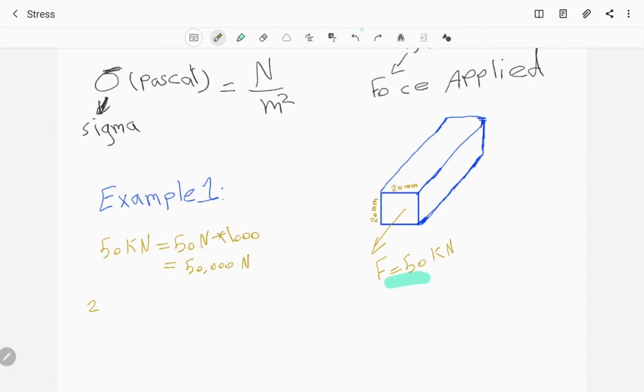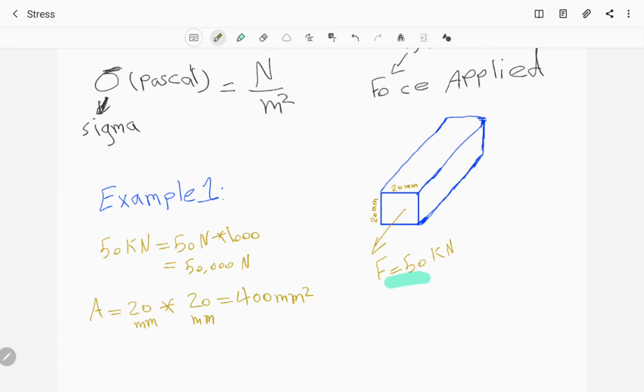Okay, now for the area we have 20 millimeter times 20 millimeter, which equals 400 millimeter squared.